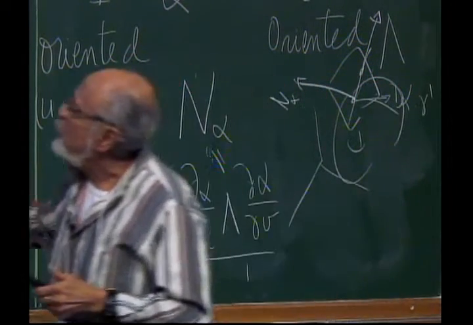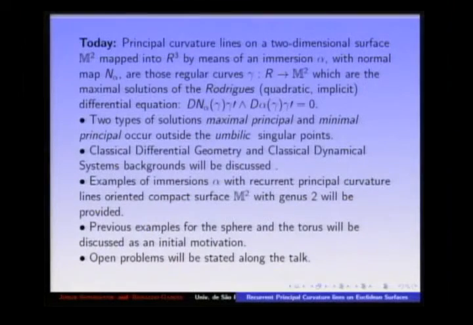So another way to write this equation is gamma prime equal to du plus dv.